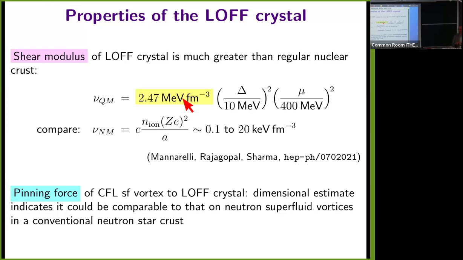And this happens even if you didn't look at Cooper pairing with net momentum, you'd find other things like single flavor pairing, which has non-zero angular momentum or something like that. But those would be sub-dominant channels, which would also be attractive, but not as attractive. And it must be that if you include momenta, there are channels that are still attractive.